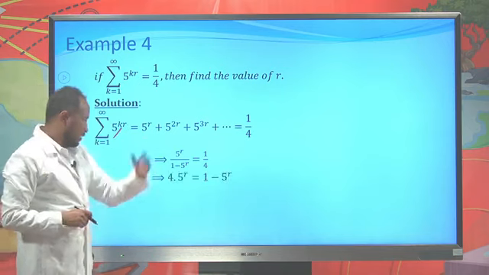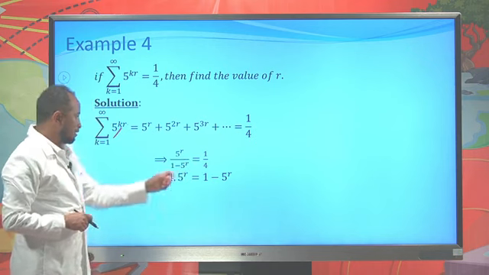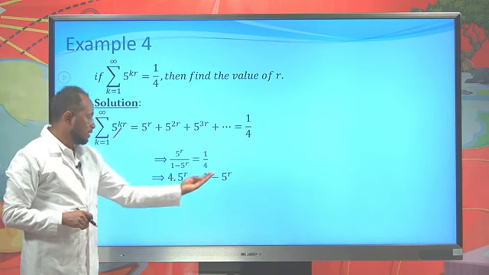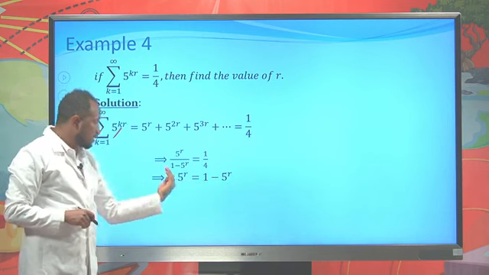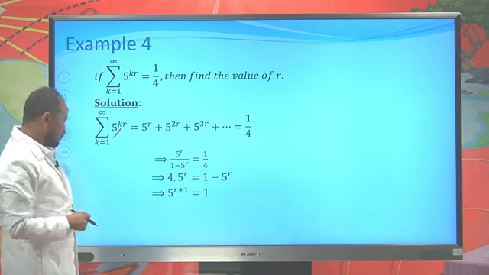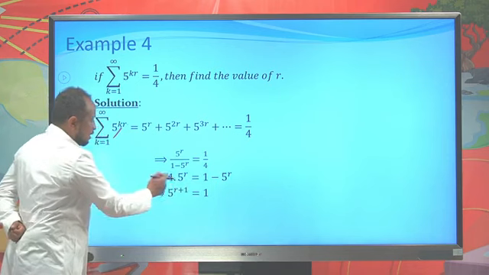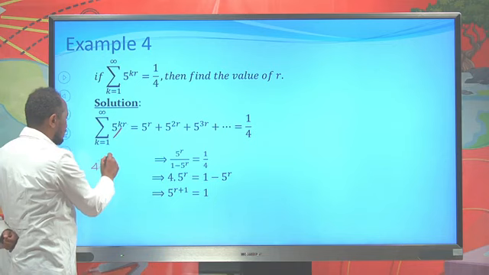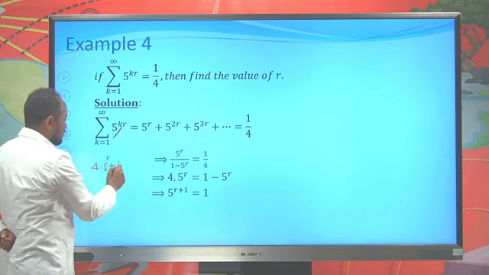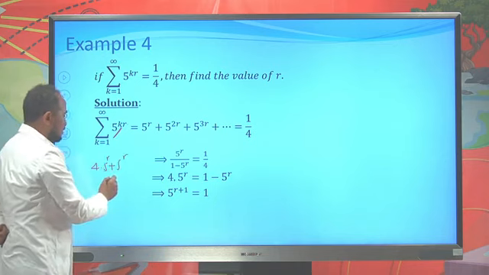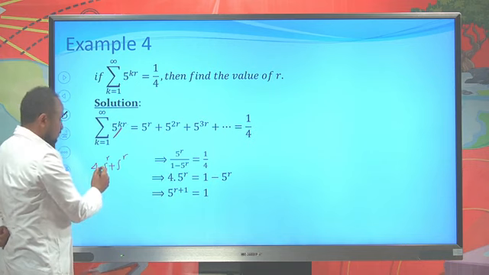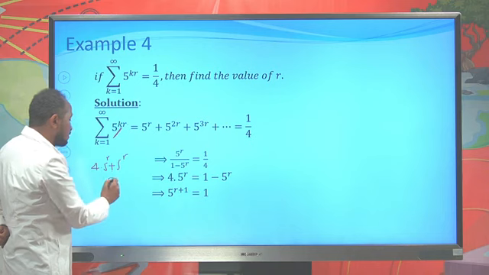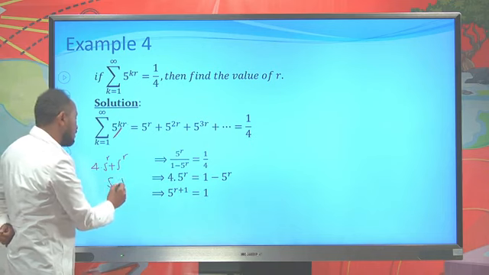Cross multiplying, it's 4 times 5 to the power of r, and 1 times 1 minus 5 to the power of r. Taking 5 to the power of r to this side, it becomes 4 times 5 to the power of r plus 5 to the power of r. So 4 times 5 to the power of r and 1 times 5 to the power of r means it is 5 times 5 to the power of r.